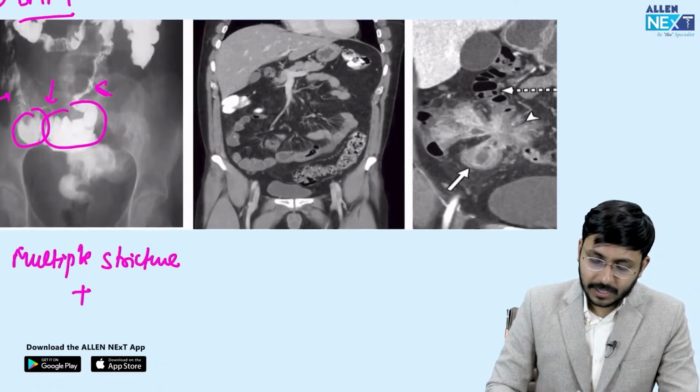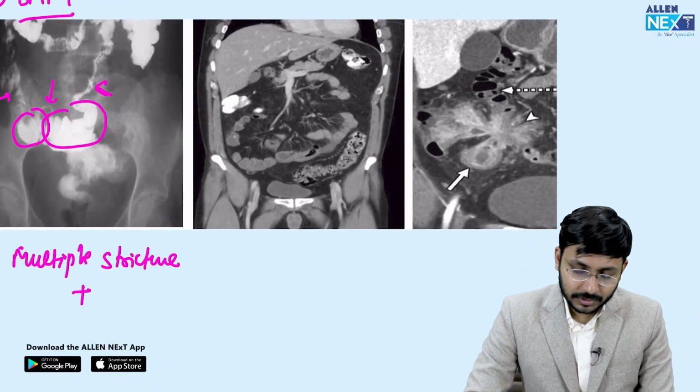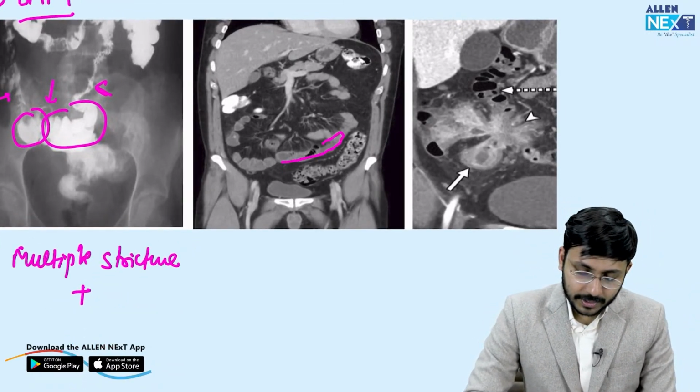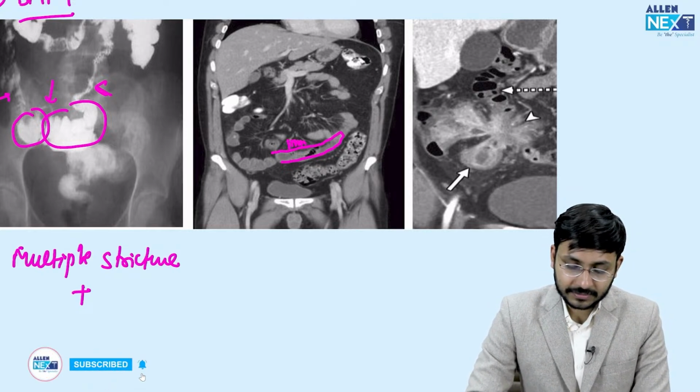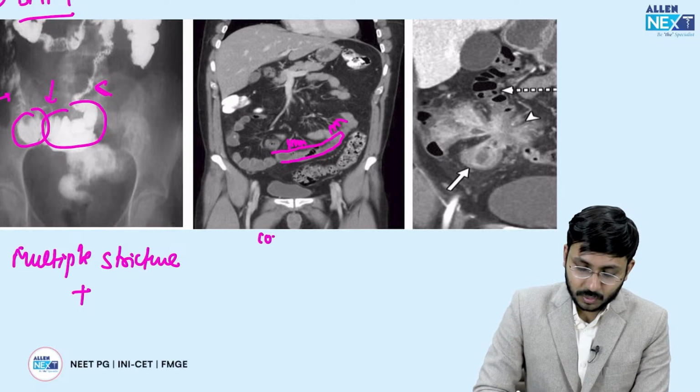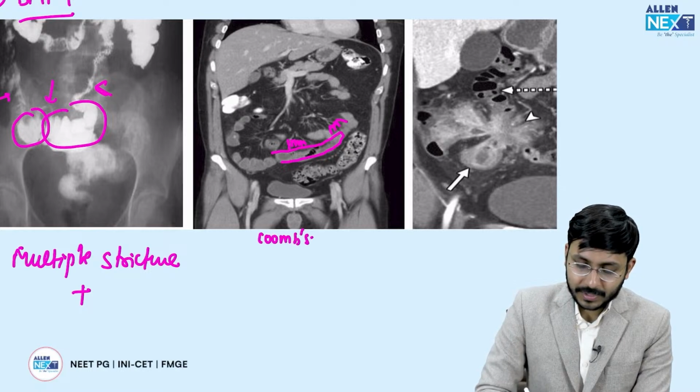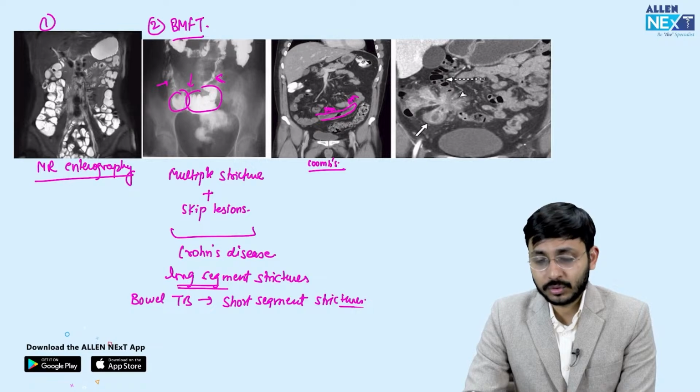So just look at how a long segment stricture looks like. So this whole bowel starting from here till here is abnormal. And we see these prominent vasa recta. This is known as the Comb sign. And it tells us that it is an active Crohn's disease.